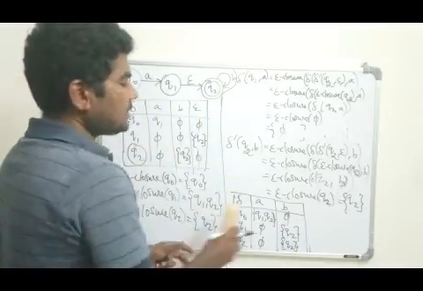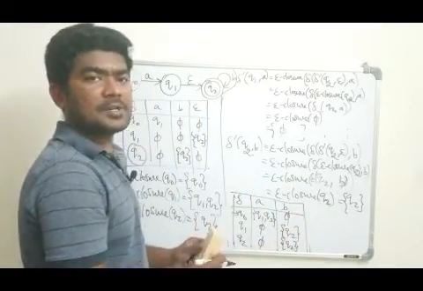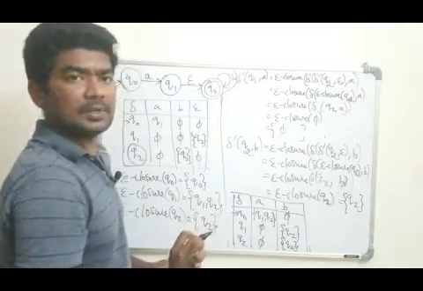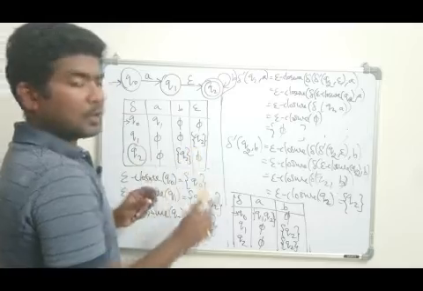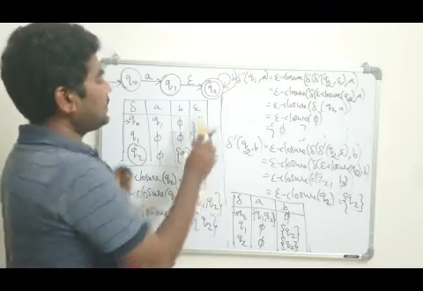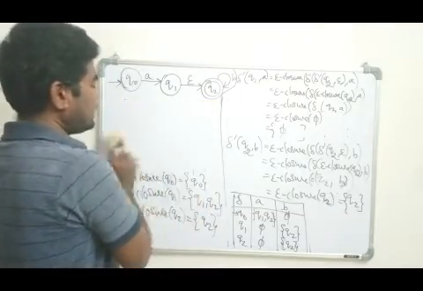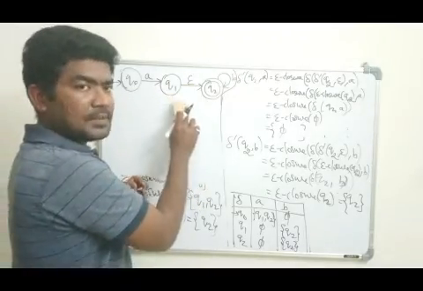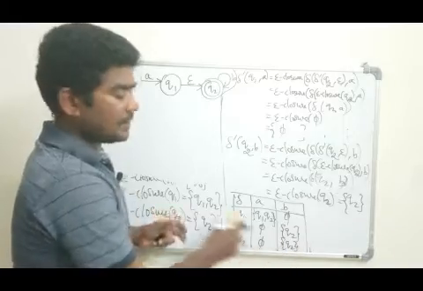Okay, so this is the newly framed transition table for an NFA. We have eliminated the epsilon here. So for this you need to draw the transition diagram. Initially we had a transition diagram with epsilon, and now we have converted it into one without epsilon.